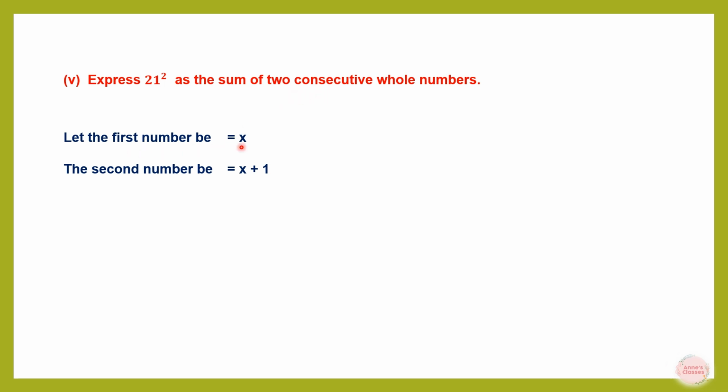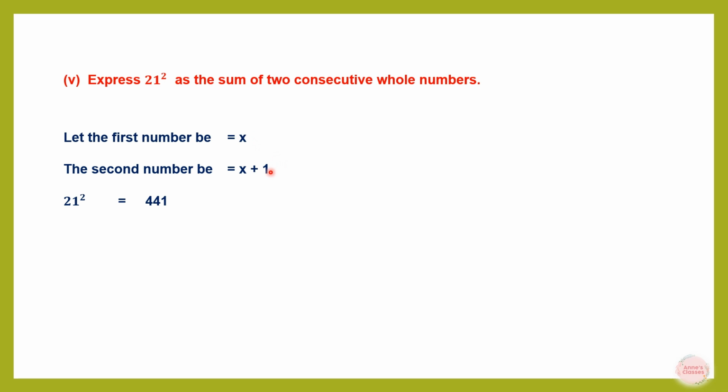So here let the first number be x. So the second number will be x plus 1. Okay. And we also know that 21 square is 441. This you have to find out by multiplying 21 into 21 is 441. Now we are asked to write 21 square as the sum of these, isn't it?